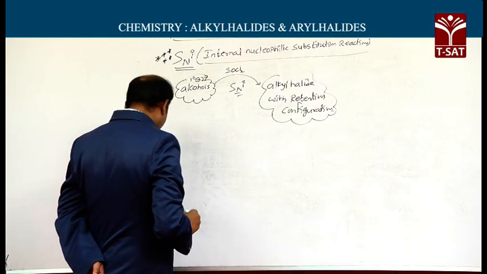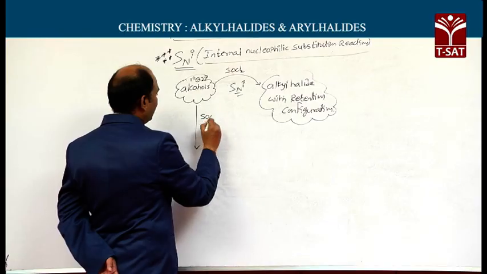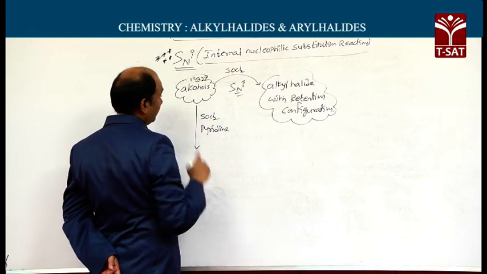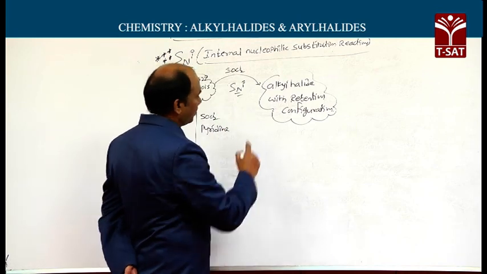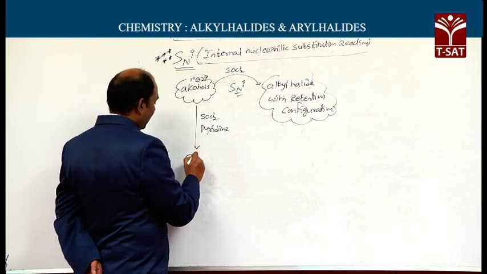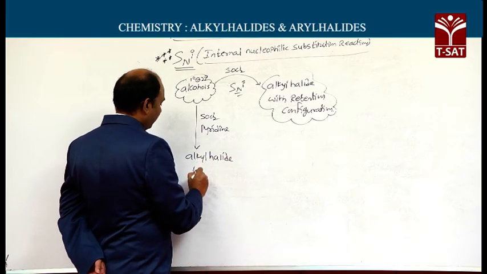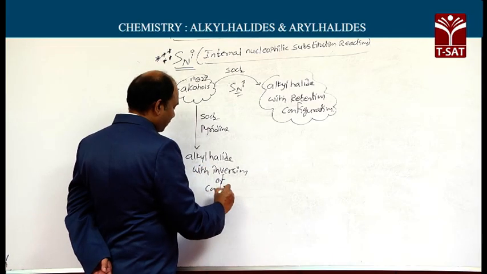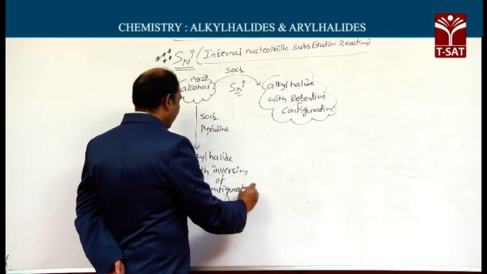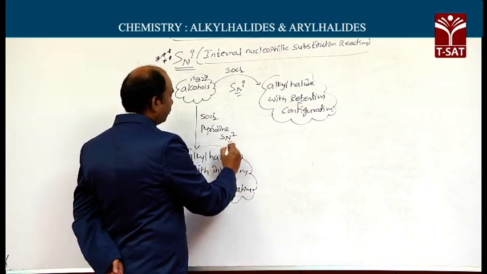If primary and secondary alcohols are treated with SOCl2 in the presence of pyridine, alkyl halide is formed with inversion of configuration. In the absence of pyridine, retention of configuration takes place. So just by changing the conditions, retention is converted into inversion; this is the SNi mechanism and this is the SN2 mechanism.